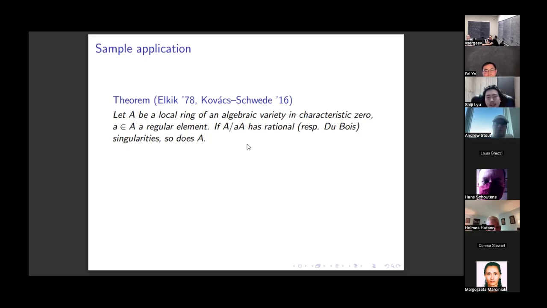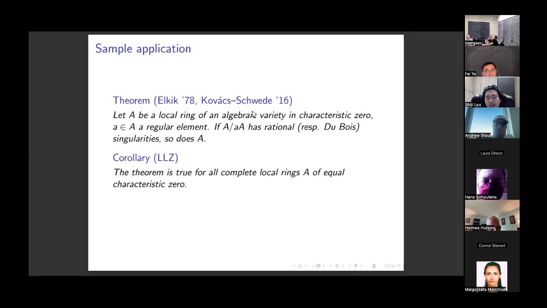Our method of approximation tells us that because we know it's true for local rings of algebraic varieties, we can actually deduce it for all complete local rings of equal characteristic 0. And for the experts, this is actually true for all quasi-excellent local rings. If you don't know what this is, basically it's a class of local rings studied in EGA, and they axiomatically capture most of the desirable properties of complete local rings and local rings of algebraic varieties.